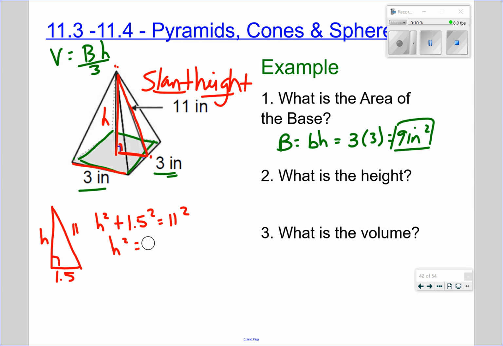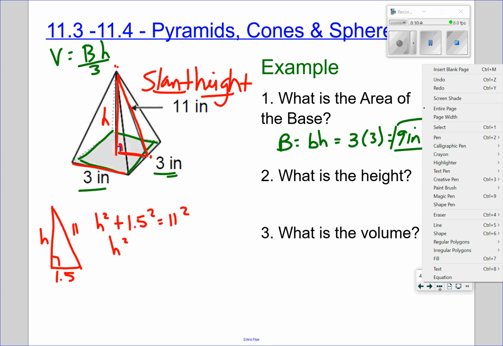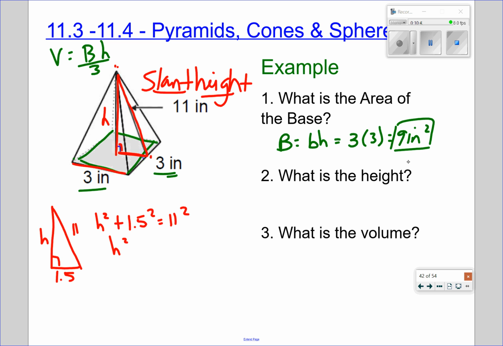I'll show you all these steps here. So we would have h squared plus 2.25 equals 121. I'm going to subtract my 2.25, so I'll have h squared equals 118.75, and then h would equal the square root of this.